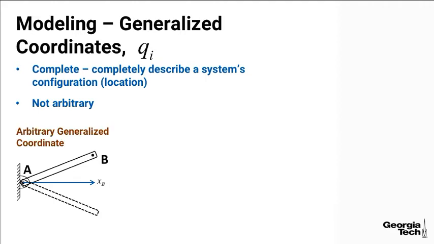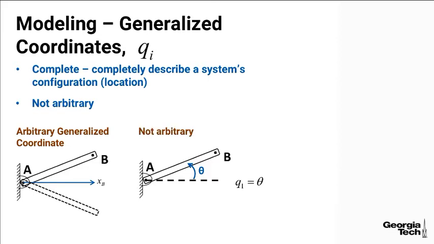And so this is an arbitrary generalized coordinate. xB does not work. And so again, a complete and not arbitrary coordinate for this system undergoing motion would be theta. So Q1 equals theta. And that's not arbitrary.